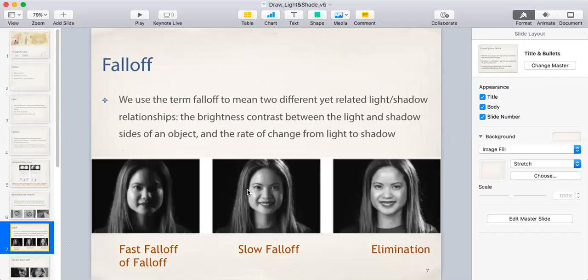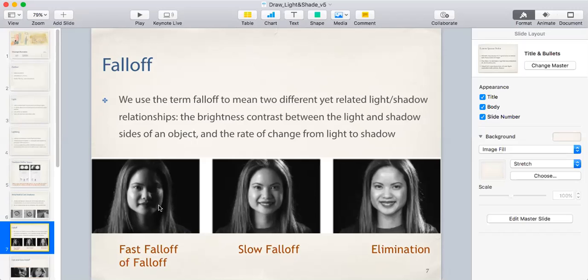And then we will talk about fall off. It means the rate of change from lightness to darkness or darkness to lightness. So it just gives you the contrast level. For the first picture, it is fast fall off.